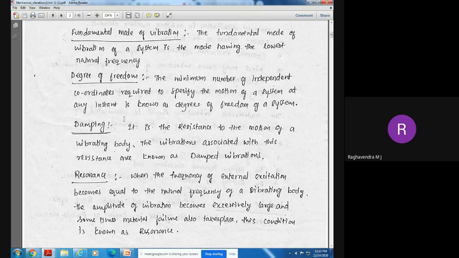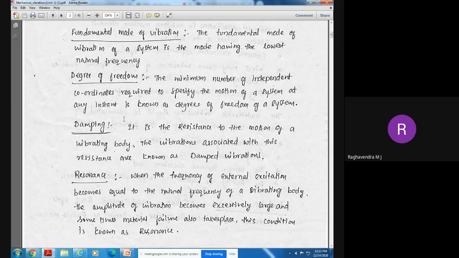At resonance condition, the body will vibrate with a maximum amplitude. Okay, there will be a maximum amplitude, and the body will vibrate with the maximum amplitude in case of resonance.